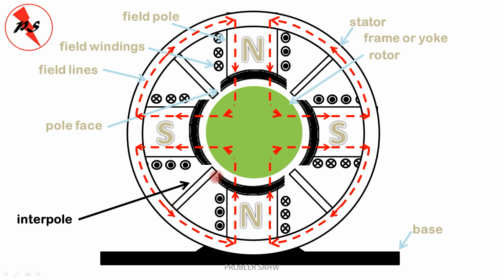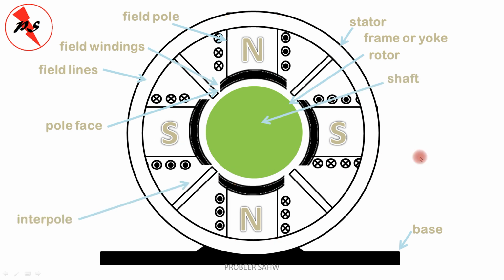The role of interpoles will be taken up in some other discussion at some other point of time. So these are the main field poles, which produce the magnetic field necessary for the operation of the DC machine, and these are the interpoles. They have a very specific purpose which will be discussed at some other point of time.